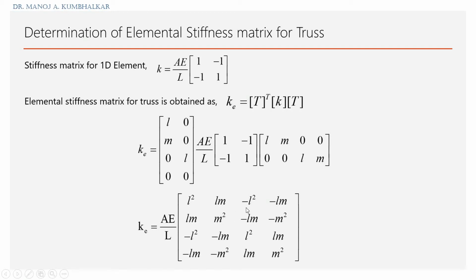Then the adjacent elements are minus L square, minus LM, minus LM, minus M square. Then the diagonal elements are minus L square, minus LM, minus LM, minus M square, and this again adjacent elements are L square, LM, LM, M square. So, this is a standard stiffness matrix for a plane truss element.